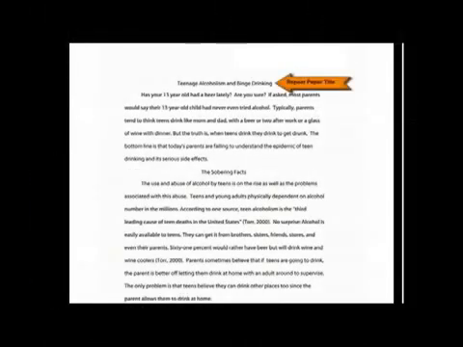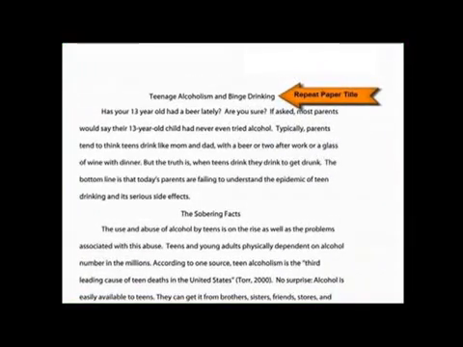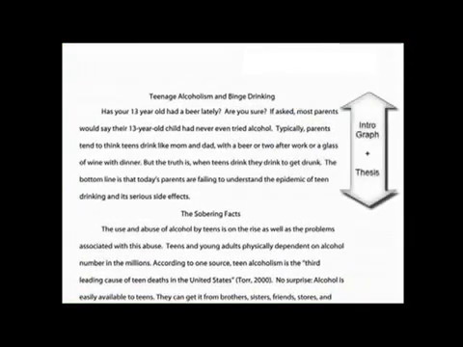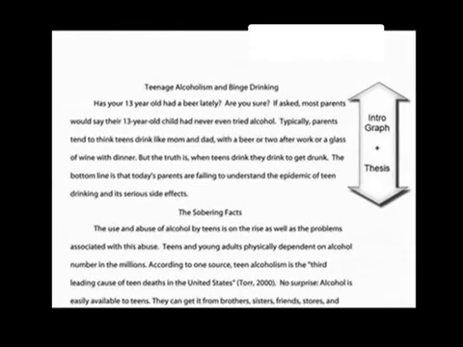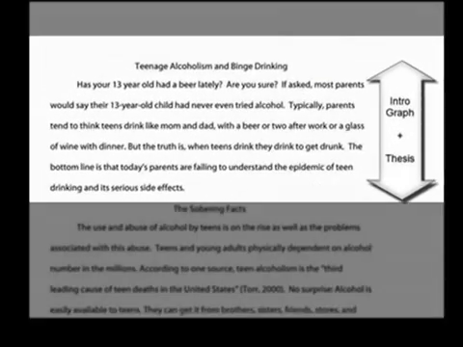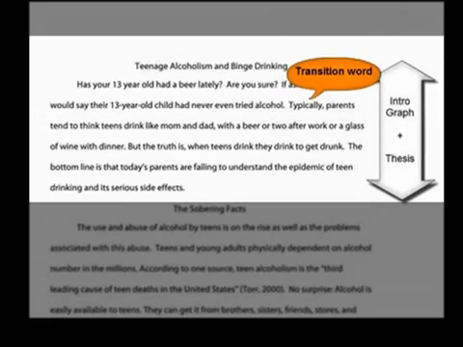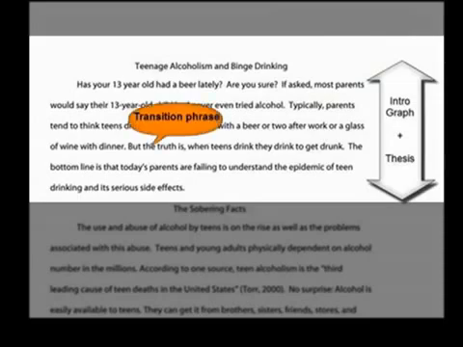On the first body page, you simply repeat that title again, and boom, there comes your introductory paragraph. Let's read it. Has your 13-year-old had a beer lately? Are you sure? If asked, most parents would say their 13-year-old child had never even tried alcohol. Typically, good transition, parents tend to think teens drink like mom and dad with a beer or two after work or a glass of wine with dinner.